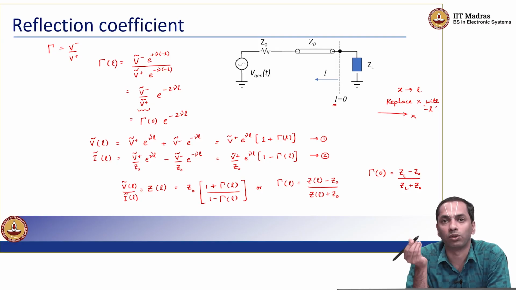And as I move away from the load all along the transmission line, I notice that this reflected wave interfering with the transmitted wave from the generator is constructively and destructively interfering along the transmission line to produce voltage over current ratios which are now position dependent, which means that this impedance that was originally ZL at the location where the load is connected is appearing as different loads as I move away from the load, right?